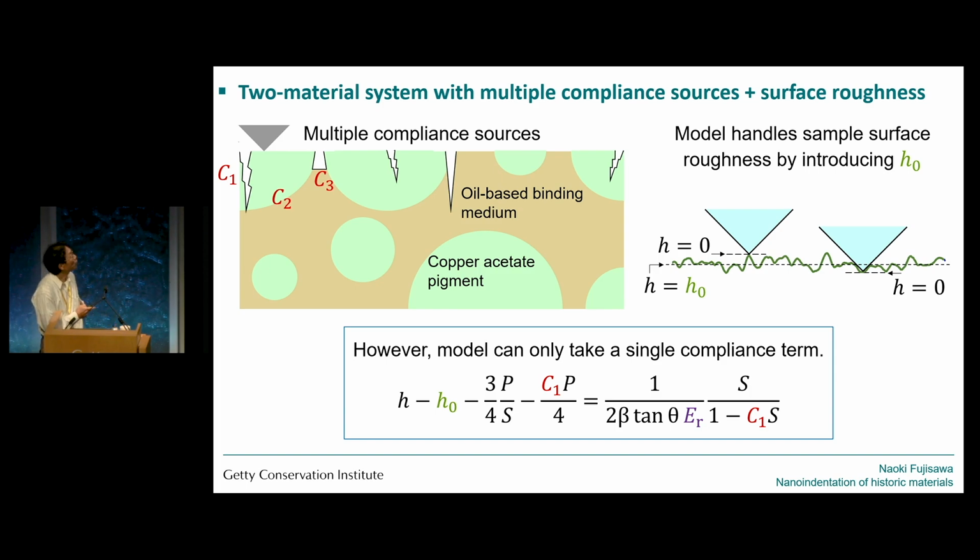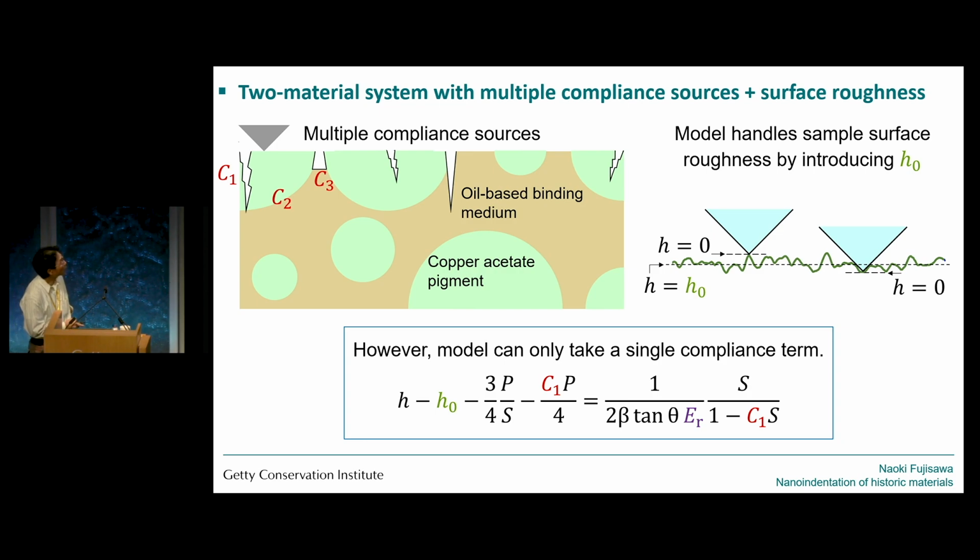And as always, we have this surface roughness in cultural heritage samples. We know how to deal with this surface roughness by introducing this conceptual effective contact point, H0, which is often different from the machine-detected zero point. So you see this effective contact point in our equation here.